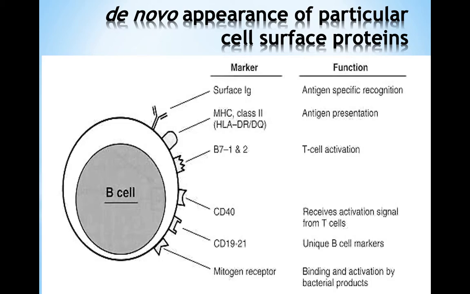Meaning, there's no need for them to be synthesized from an original scaffold. So they appear de novo. Once your B cell differentiates, as it differentiates, it will just acquire these cell surface proteins because they are involved in how the B cell will mature and how it will behave.